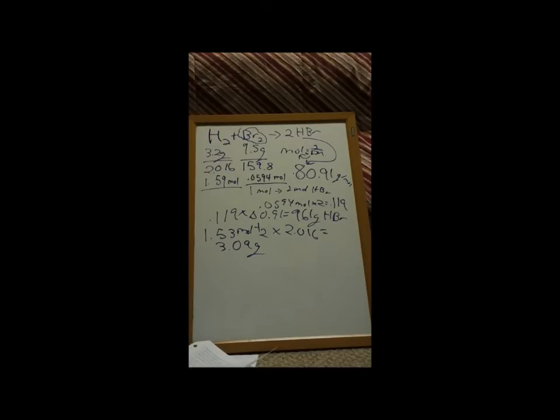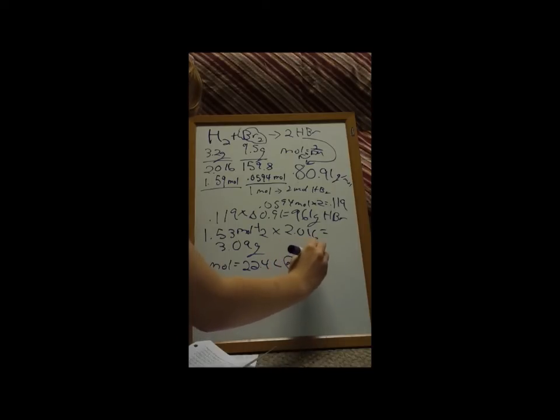Then for part E, it says what volume of HBr measured at STP is produced in B. So you need to know that one mole equals 22.4 liters at STP.